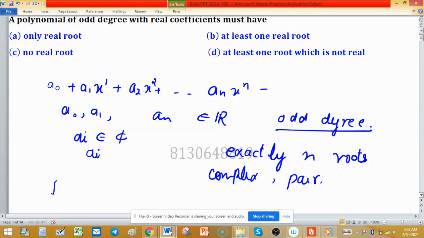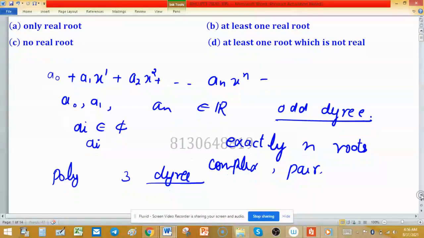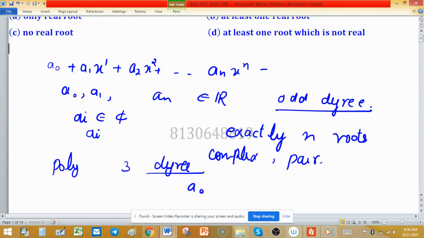you can consider a polynomial of 3 degree to justify your argument. Suppose a naught plus a1 x, a2 x square plus a3 x raised to the power 3.